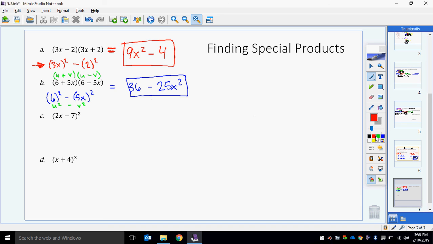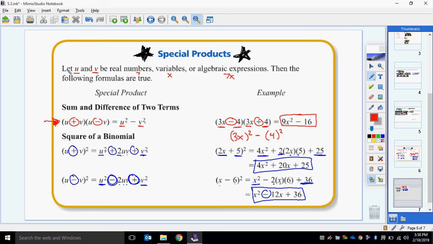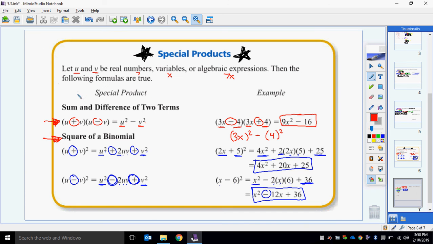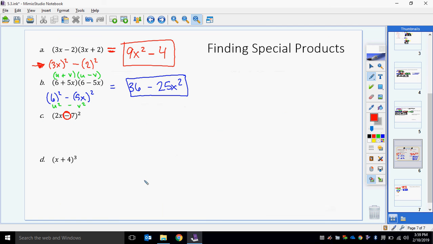The third one, it says 2x minus 7 squared. So I'm taking a binomial and I'm squaring it. So square of a binomial. And I just want to make sure I get the right sign. So look at your sign, it's subtraction. So now we're down on this one, subtraction. And let's follow what it says. It says square the u, square the v, put them in the front and the back.